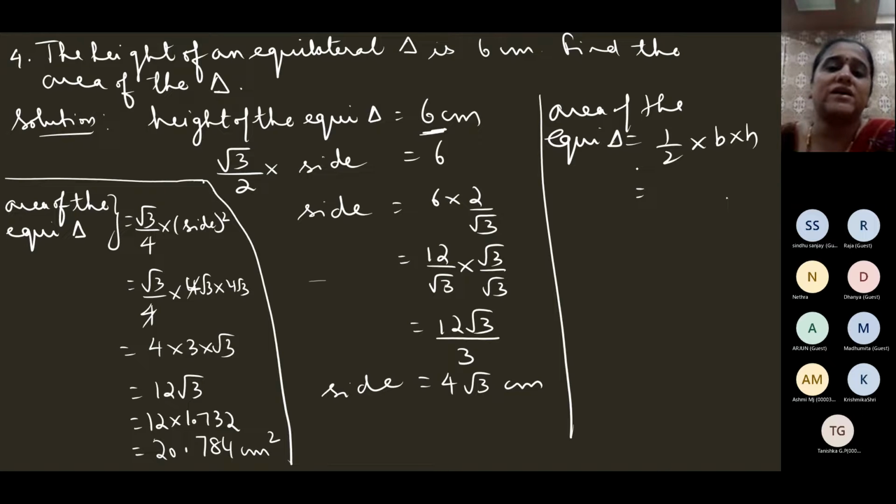In an equilateral triangle, all the sides will have the same length, 4 root 3. And all the altitudes will measure 6 centimeters. When all the sides are equal, all the altitudes also will be equal in length. When two sides are equal, the altitudes on those equal sides will be equal. We have proved this in congruent triangles.